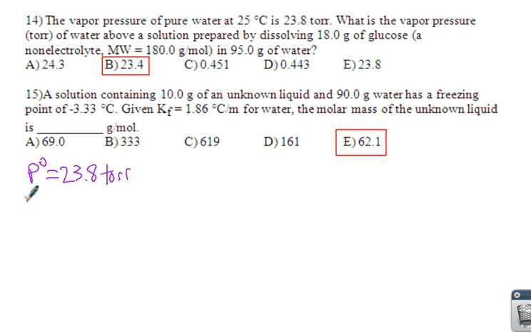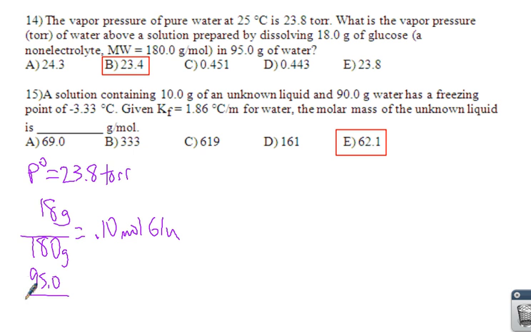So 18 grams of glucose divided by a molar weight of 180 means we have 0.1 moles of glucose. And then we have 95 grams of water divided by 18.02 grams. I don't have that on my paper. How weird. Oh, is it 5.27?